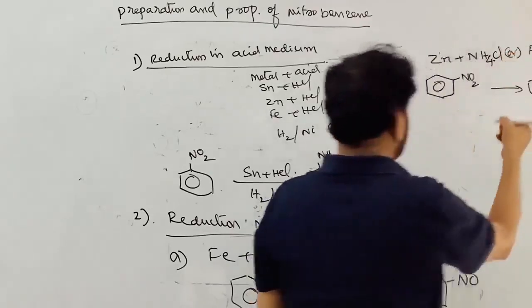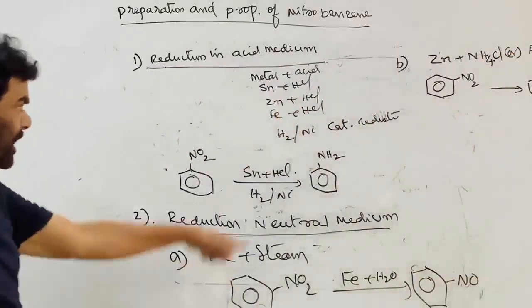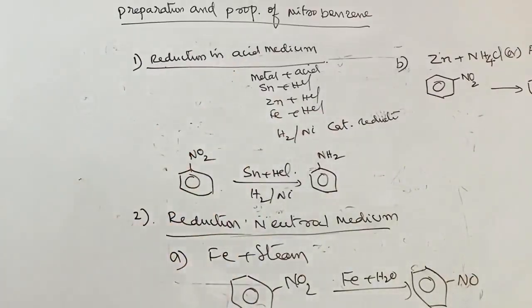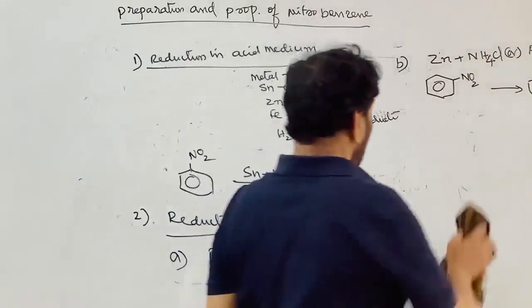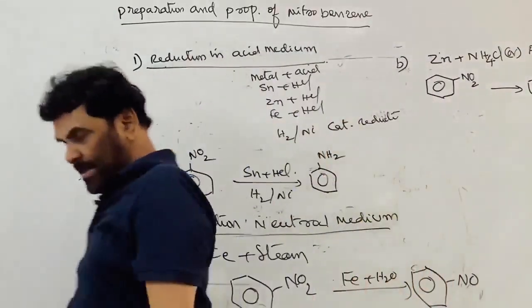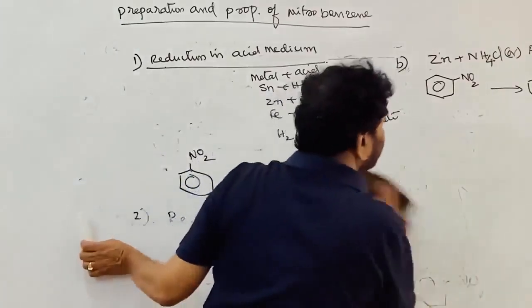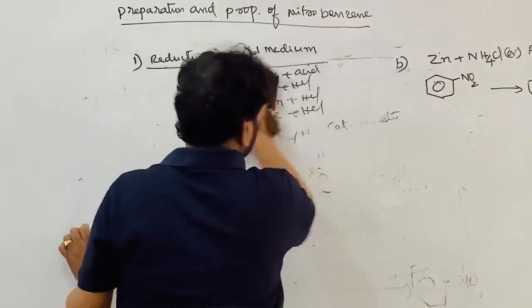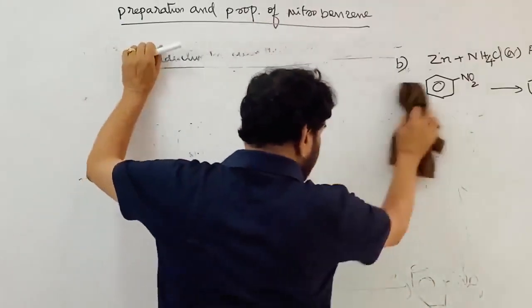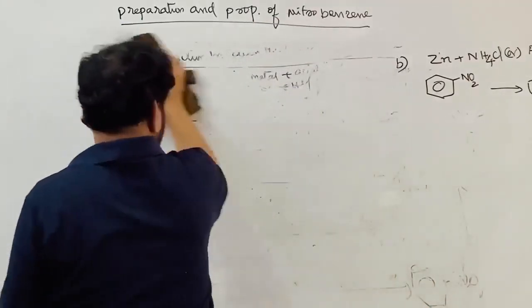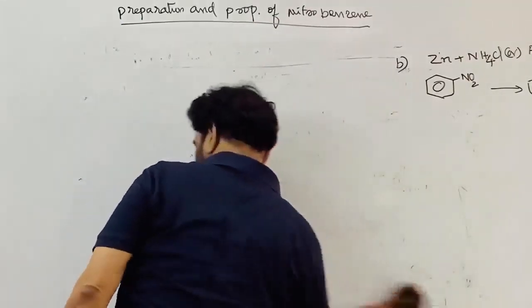Both come under the neutral medium. Now C, the third one, is reduction in the basic, alkaline medium.